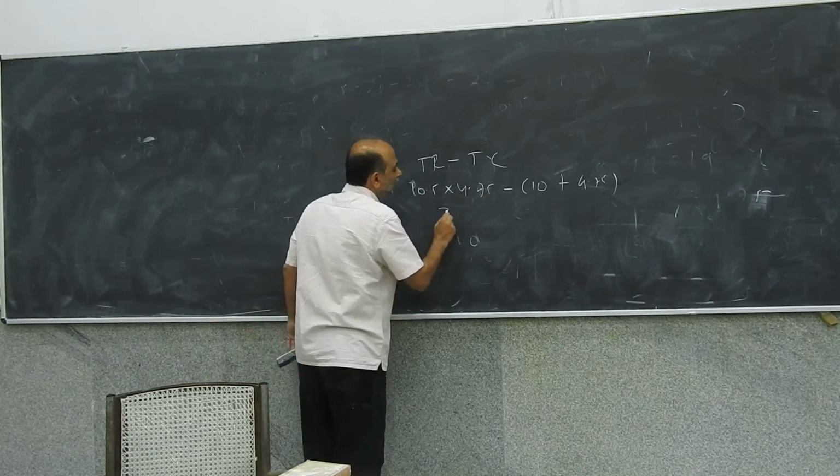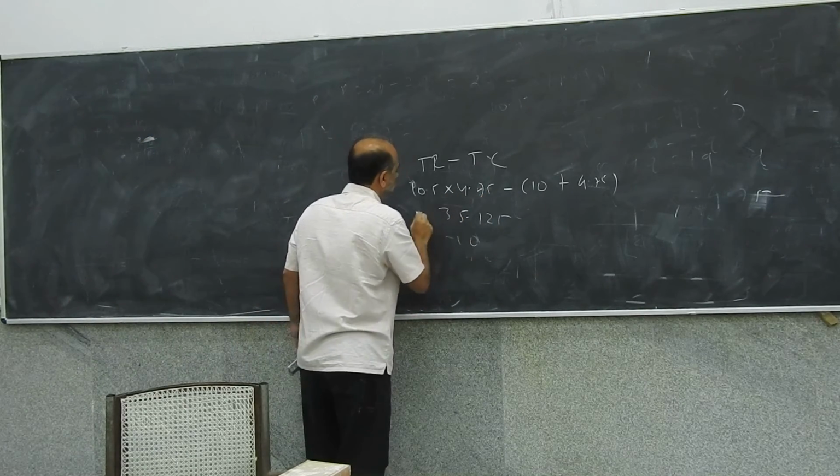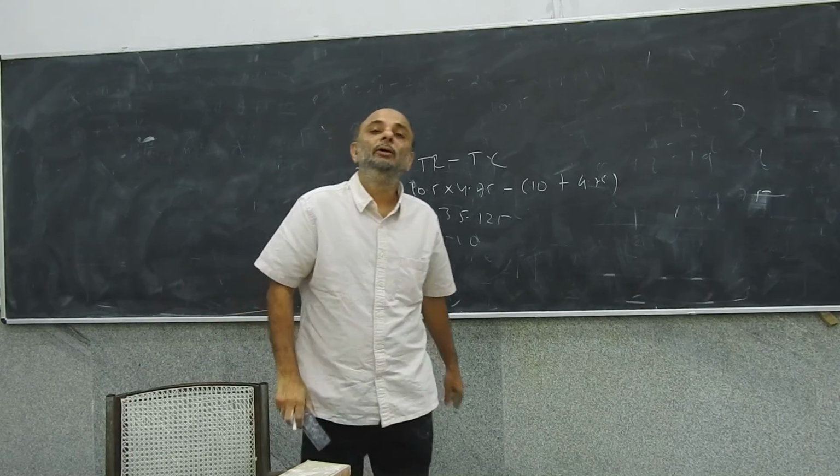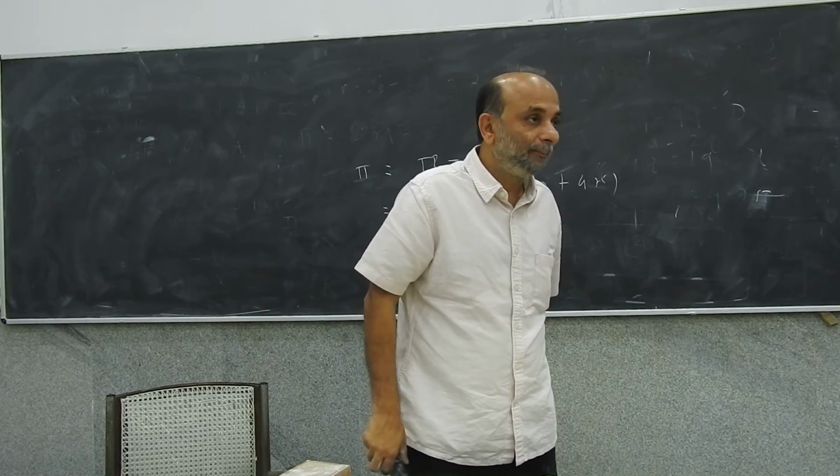If you multiply all this, you get approximately 35.125. This is the total profits in equilibrium.